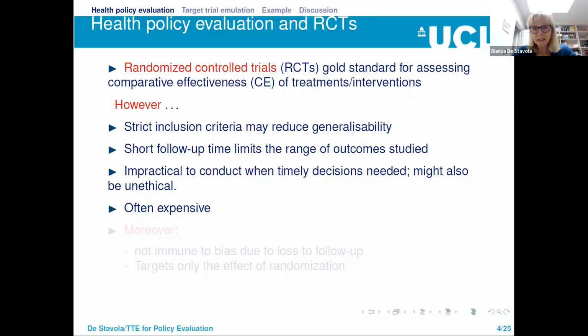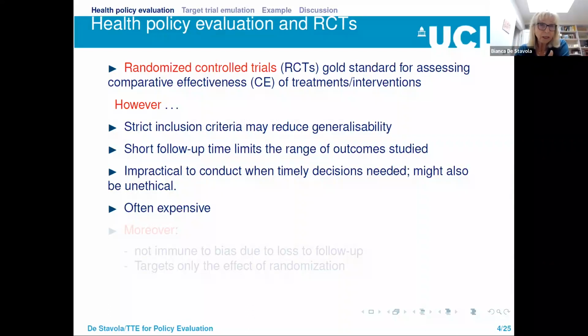The first one is that generally the inclusion criteria and the way in which randomized controlled trials, even of policy evaluations, are run, are limited to a restricted population of patients, for example, of children in certain schools, if it's a policy evaluation to prevent bullying in schools. Also, RCTs have usually very short follow-up times, and this reduces the type of outcomes one can study.